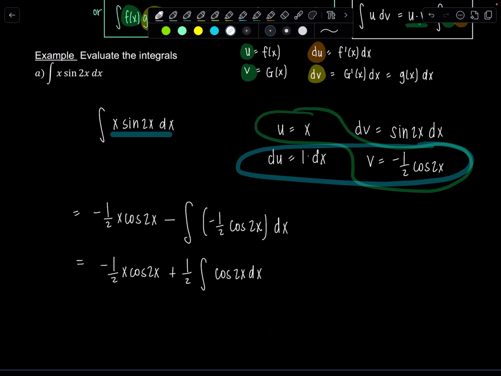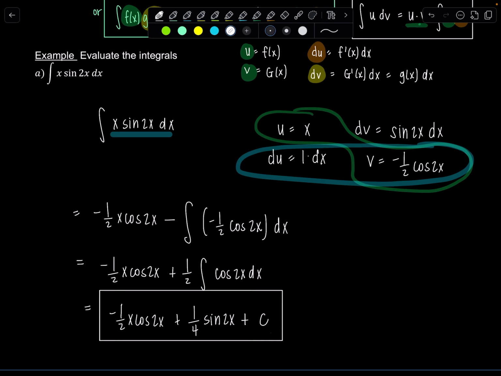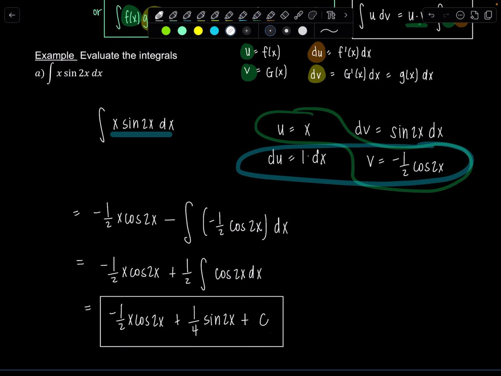So this is going to give us negative 1/2 x cosine 2x plus 1/4, because you have to multiply by a half again, sine 2x plus c. Voila. Box it with pride. That's a job well done. How was that one? We'll practice more, don't worry, okay?